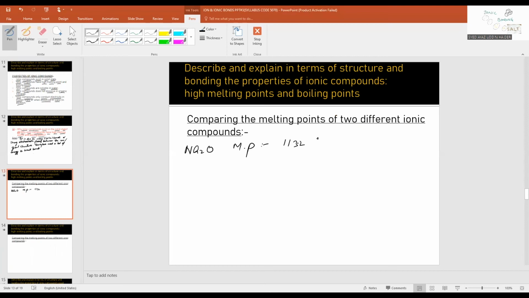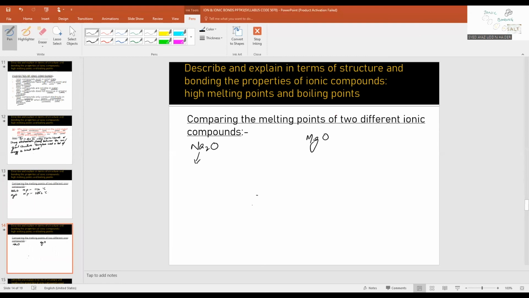On the other hand, magnesium oxide, MgO, has a melting point of 2852 degrees centigrade. You see the difference in the formula of both sodium oxide and magnesium oxide. I've already explained Na2O for sodium oxide and MgO for magnesium oxide.